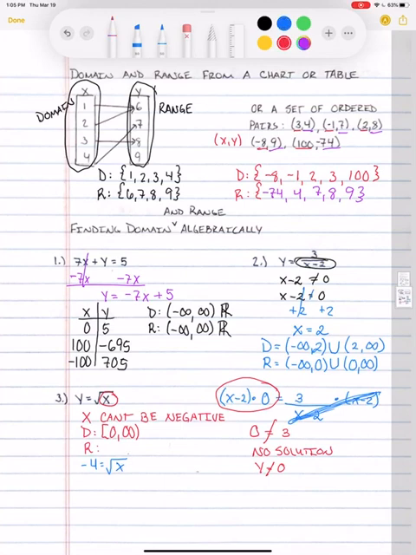Well, to figure that out, I would have to square both sides, and I would find that x equals 16. So in this case, y can be a negative number because the square root of 16 is 4, and the square root of 16 is also negative 4. So in this case, any number will work. Our range then will be from negative infinity to positive infinity.